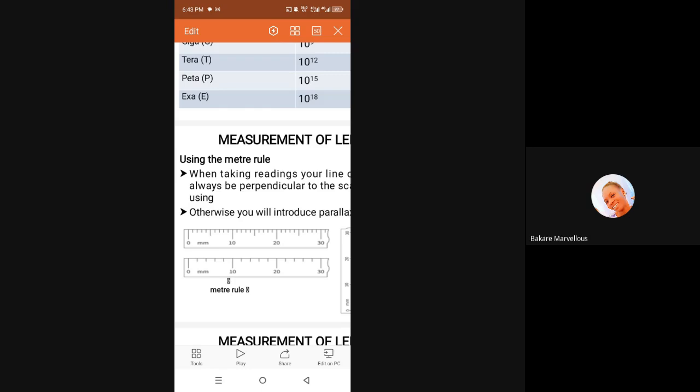A centimeter is greater than a millimeter. Okay, so how many millimeters make 1 centimeter? 10 millimeters. Good. So in 1 centimeter, you get 10 millimeters.